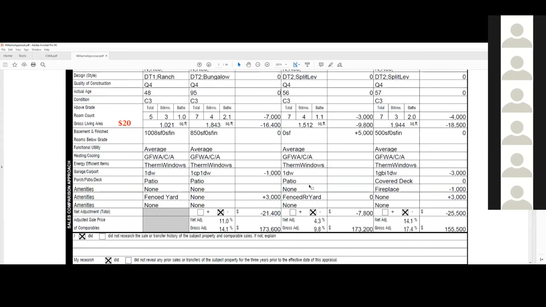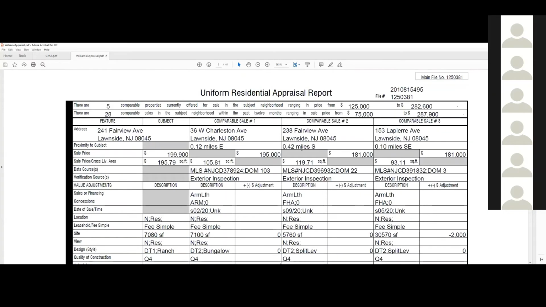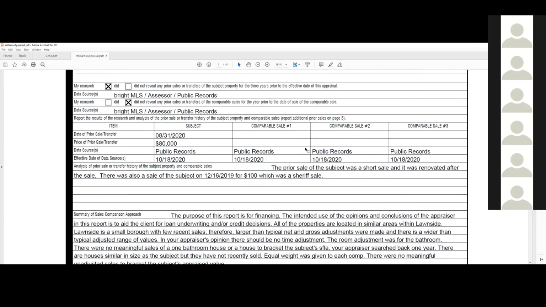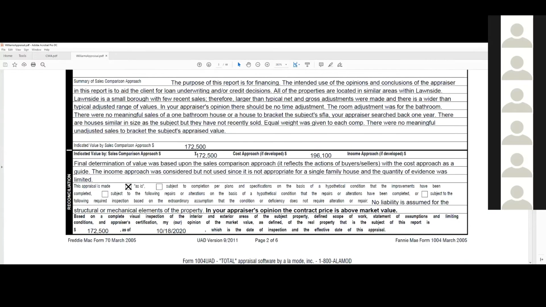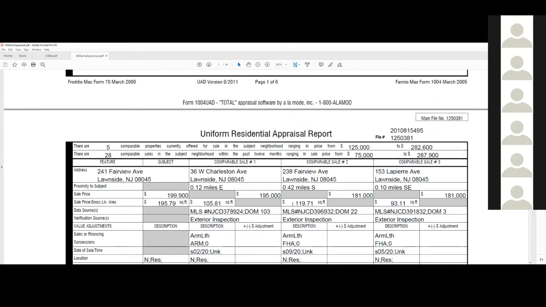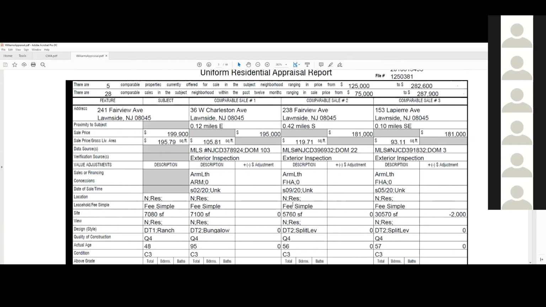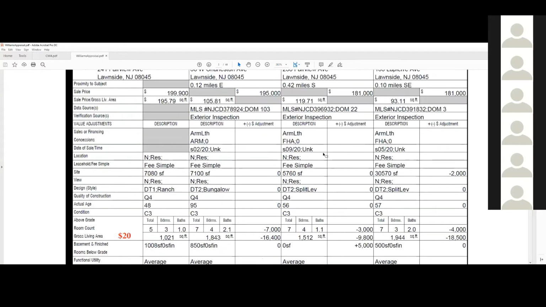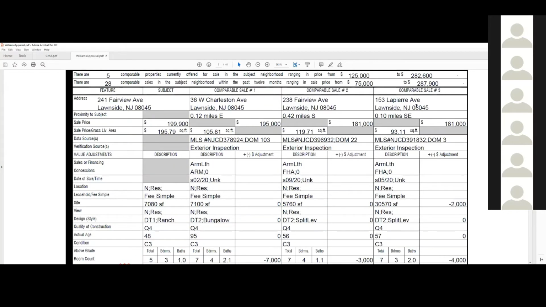But what I did is, because the value, now let's go down there so you can see it yourself too. The appraisal appraised at 172.5. The sale price was 199. Okay. The reason that I'm showing this appraiser is because I looked at all the comps that the appraiser used.